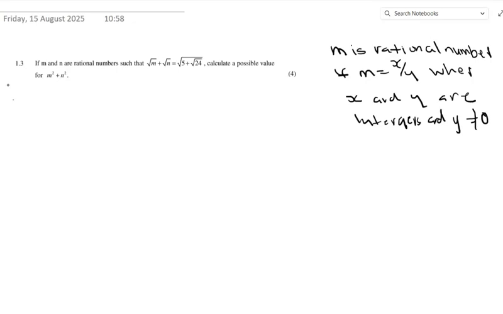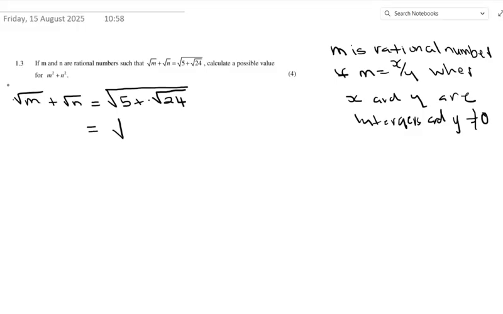Okay, so we have square root of m plus square root of n is equal to 5 plus the square root of 24, right?